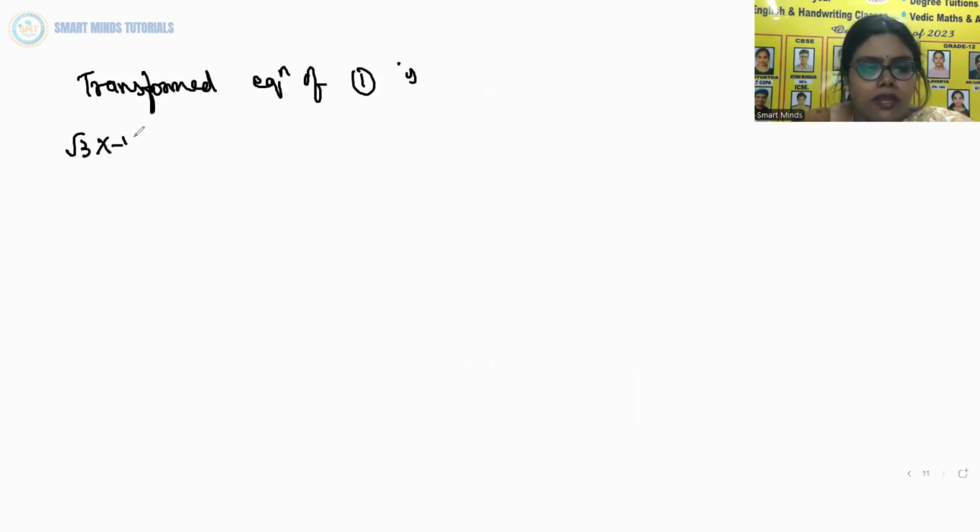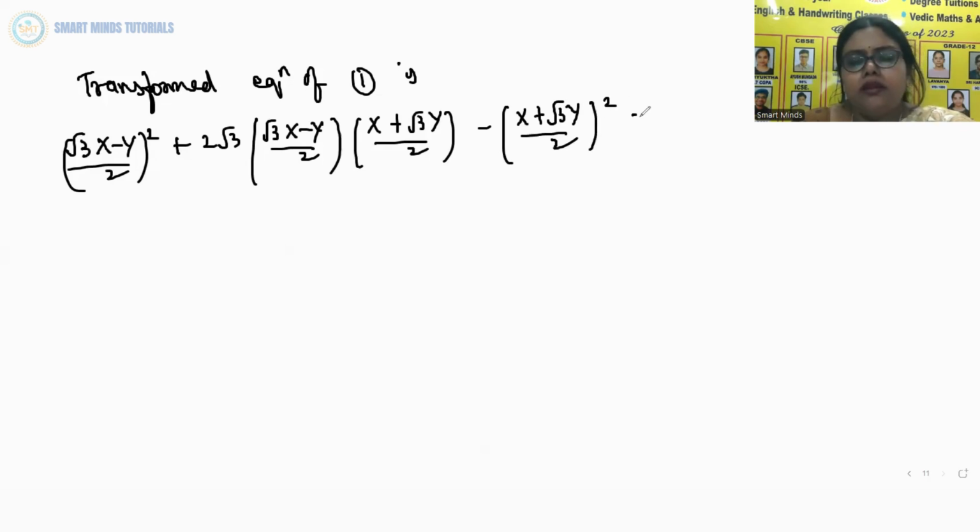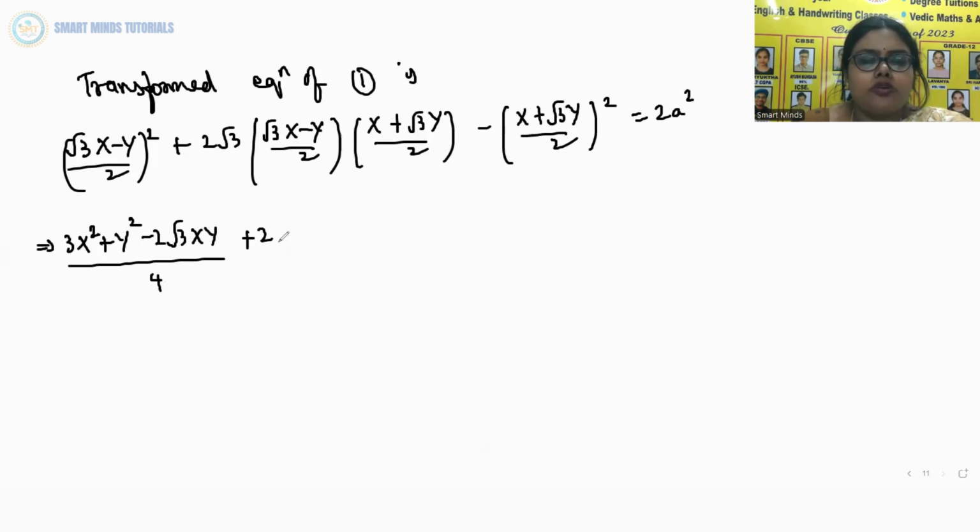So, root 3x minus y by 2 whole square plus 2 root 3 into root 3x minus y by 2 into x plus root 3 y by 2 minus x plus root 3 y by 2 whole square is equal to 2a square. Now we open the brackets, a minus b whole square. So 3x square plus y square minus 2 root 3xy by 4 plus 2 root 3 into, now you multiply these two brackets.